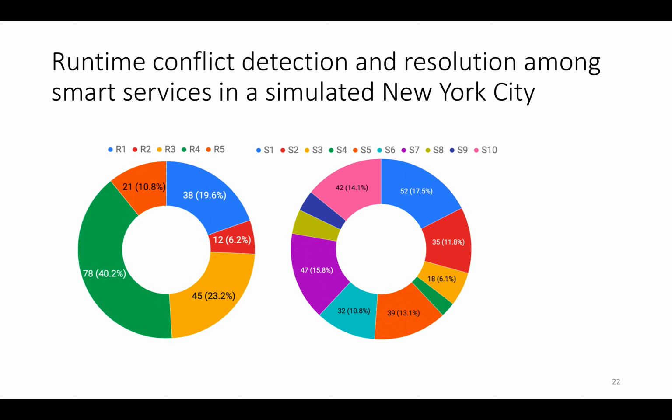Then we also check which requirements are most likely to be violated at runtime, and also which services are most likely conflicting with others. For example, here R1, which checks the average noise level in school areas, is violated mostly in this simulation.